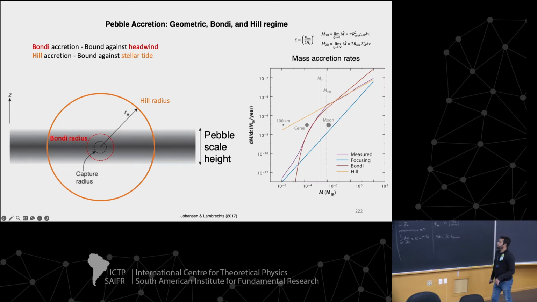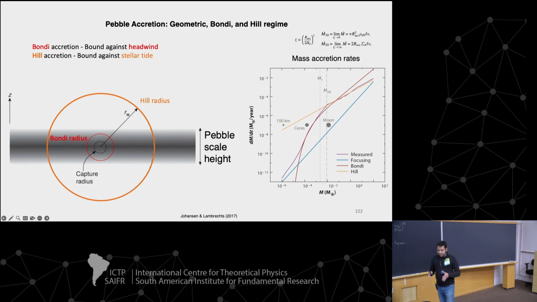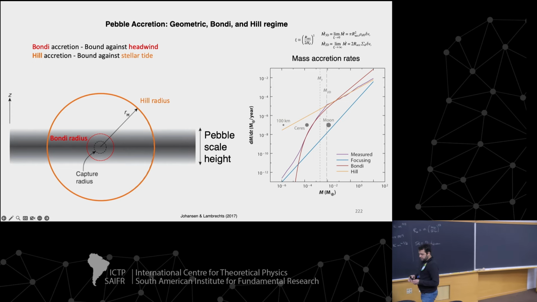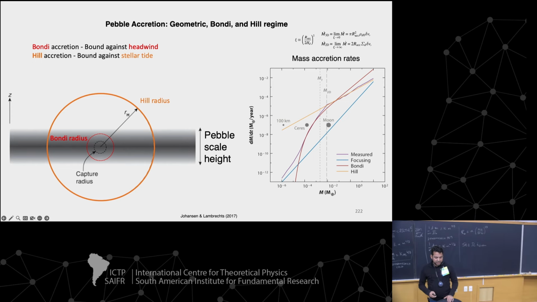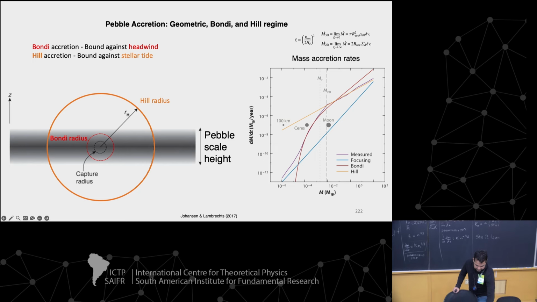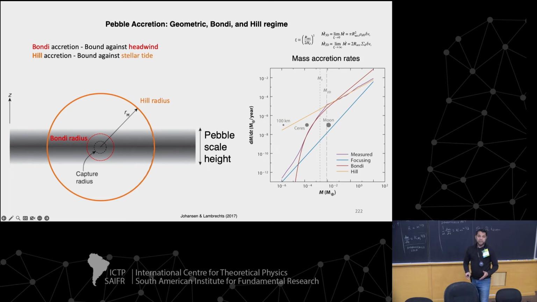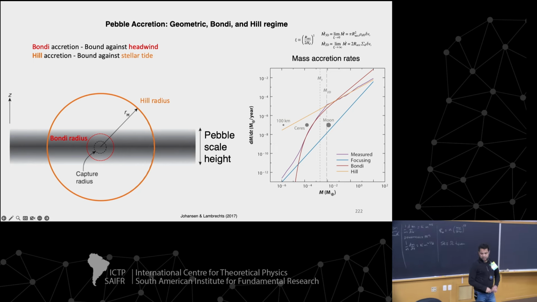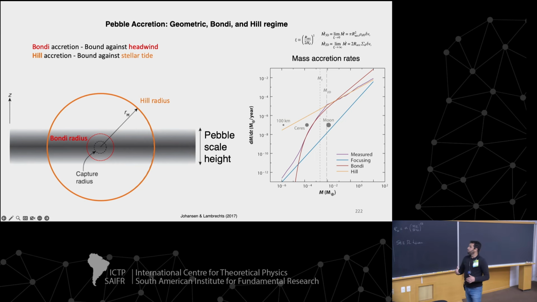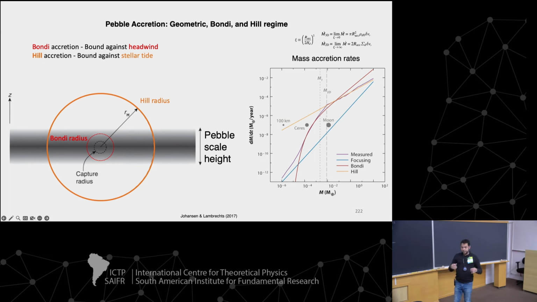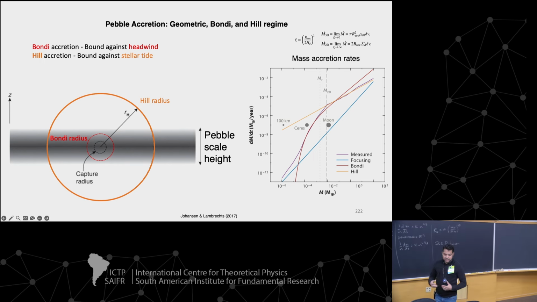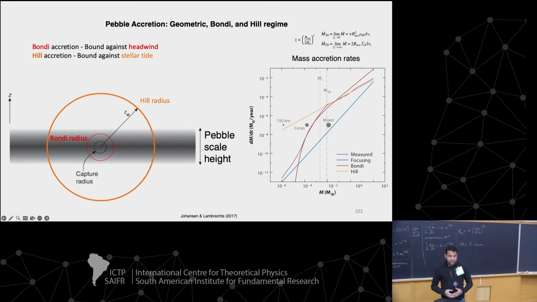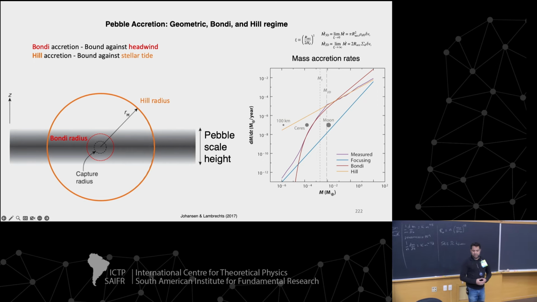So when a body is traveling through a medium, you have the classical Bondi accretion case. If you're talking about gas, in that case, it would be the molecules of the gas that would be accreted by the body.